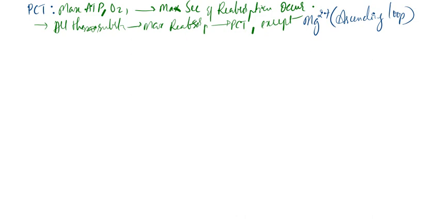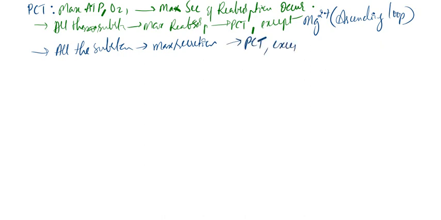Now for all the substances, the maximum secretion occurs in PCT, except potassium. Where is the potassium excreted? It is excreted in the P cell.